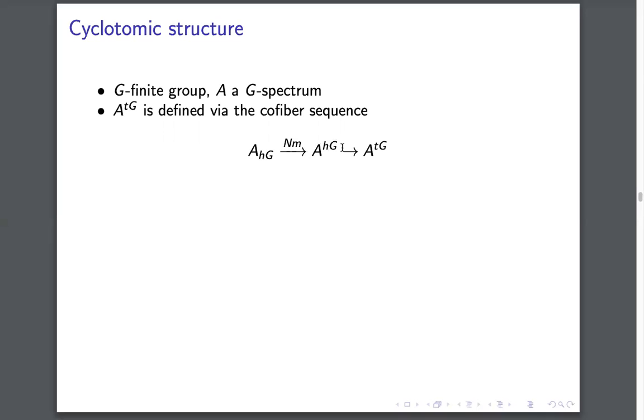That's always there, and the cofiber of this map is defined to be the Tate construction on G. If you compare this with the classical case, if A was a discrete G-module, say, and G was a finite group, then the normalization map would be given explicitly in this way, from orbits to fixed points. But there's a way of making this categorical. There's a way of making this work in the setting of spectra too.